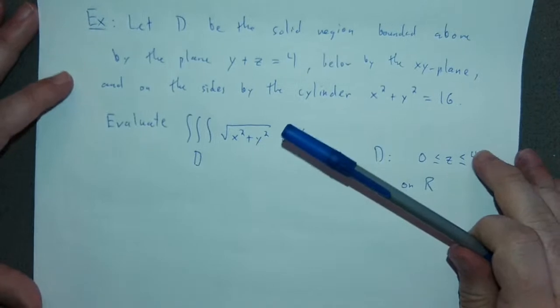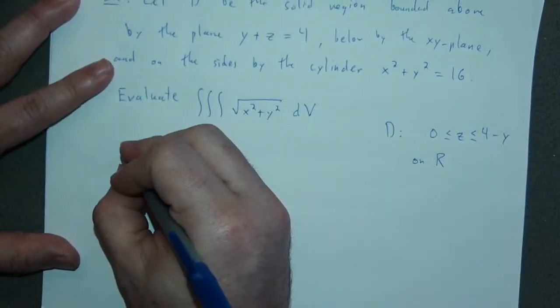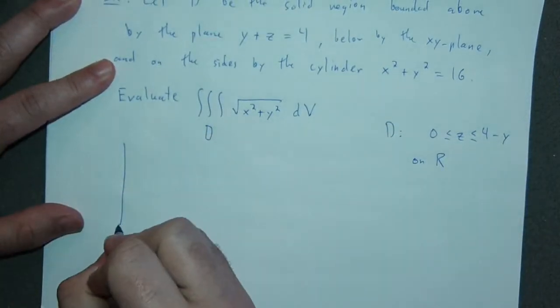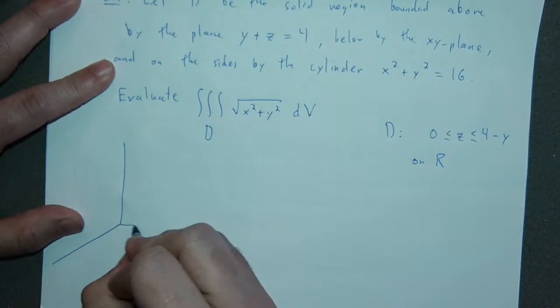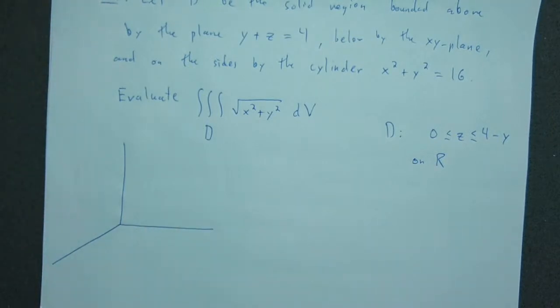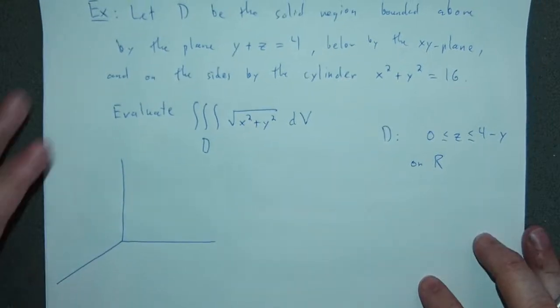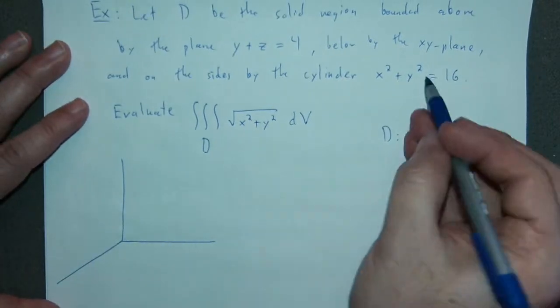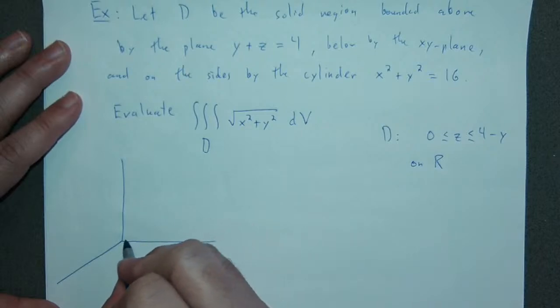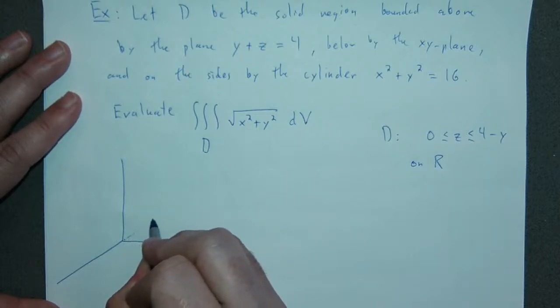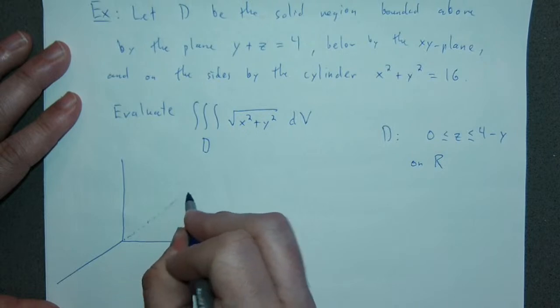Maybe I should try to draw this picture here. So first of all, I have a cylinder, x squared plus y squared is equal to 4. As I said, this is in the xy plane. Actually, let me draw in the negative sides of my axes here.